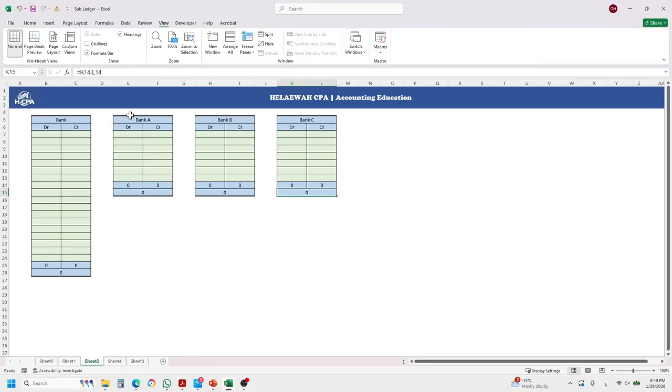Let's go for example, like bank A, we deposit 50,000, then pay from it 25,000 and deposit 10,000. This transaction will move directly and show here.